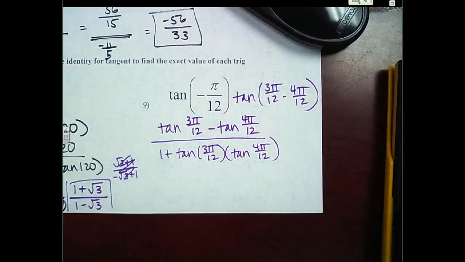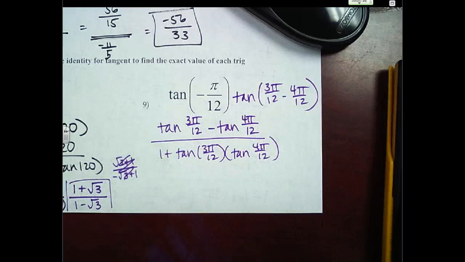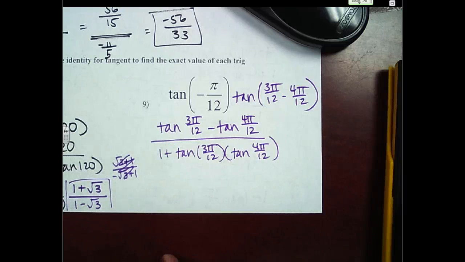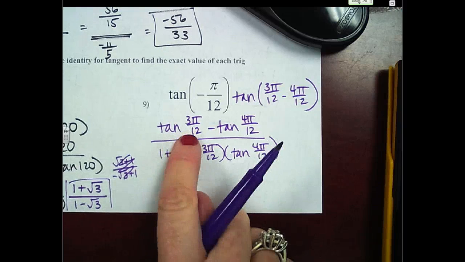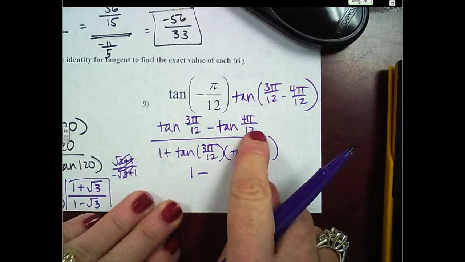Okay, and then just find the value of each spot. Like I said, this part can be skipped. Okay? What is tangent at 3 pi over 12, or in other words, at 45 degrees? What's this value? 1. And then tangent at 4 pi over 12 is root 3.